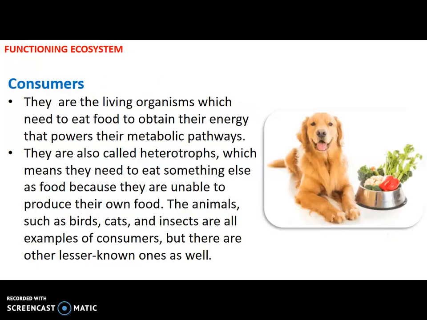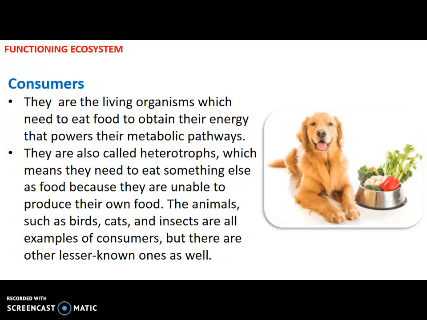Now, let's look at consumers. The consumers are organisms that depend either directly or indirectly on the producers. They depend on food already manufactured by the producers or autotrophs, for them to obtain energy for their metabolic activities. They are called heterotrophs.